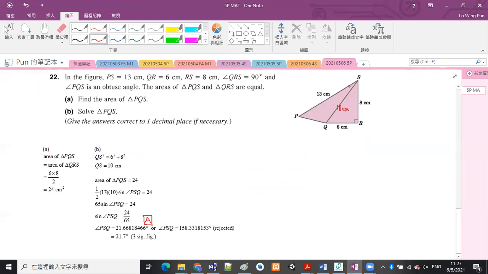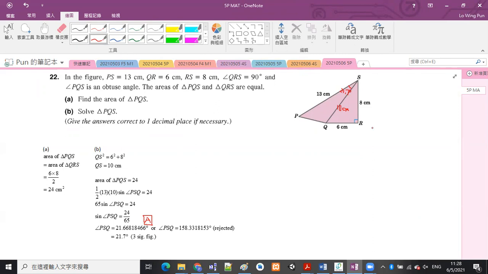So now we have this angle. This angle is 21.7 degrees. What is the next one we can find? Can we find angles or lengths for the next one in triangle PQS? In triangle PQS, we have three pieces of information now, right?